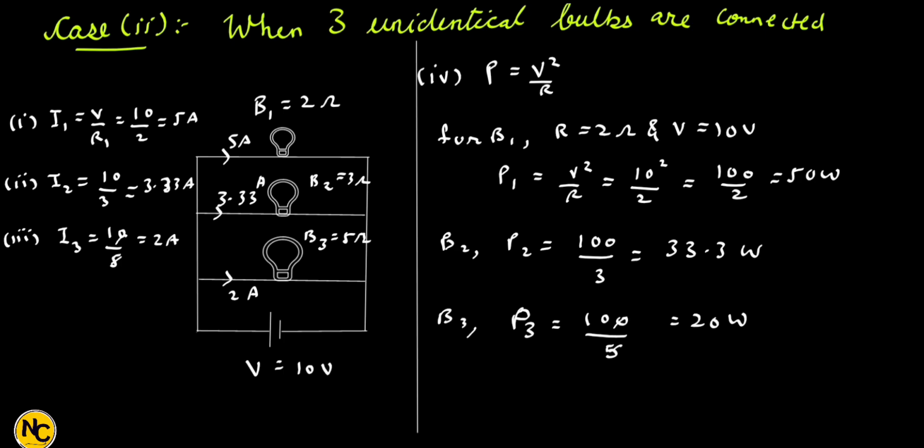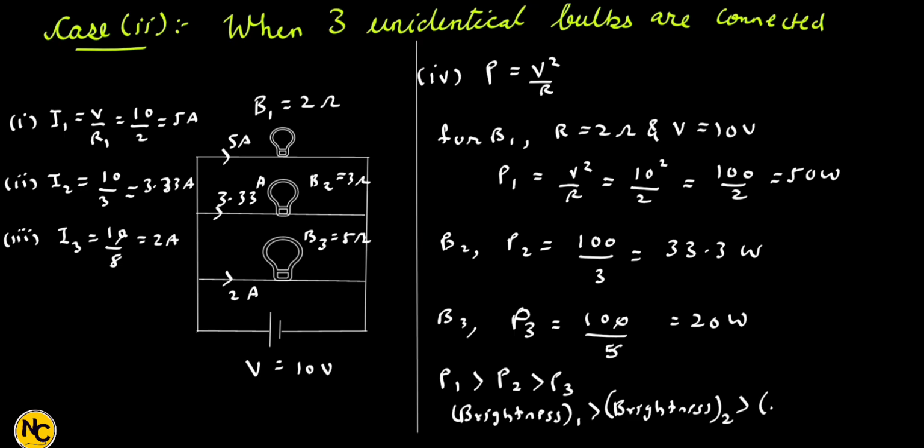So here we can see power of bulb 1 is greater than 2 and it is greater than 3. So we can conclude that brightness of bulb 1 is greater than brightness of bulb 2, and the least brightness is of bulb 3.